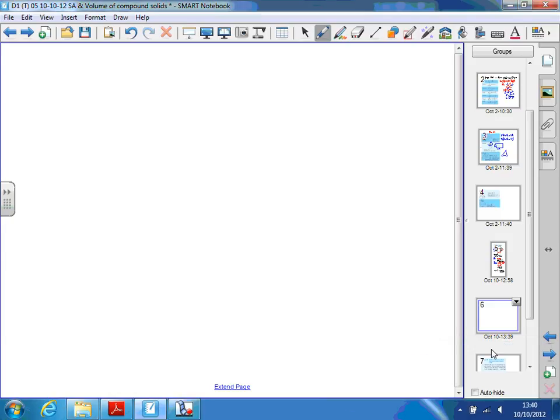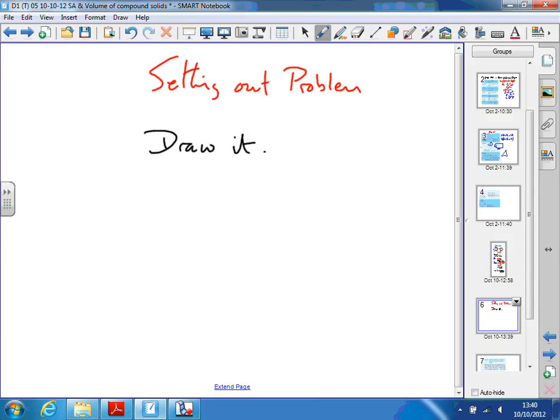So to set out the problem, the sorts of things to remember to do are: draw it, and put on the measurements.